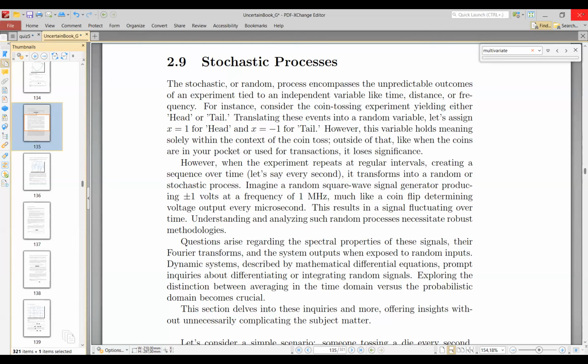Now if you flip the coin in your pocket, or a dice, for example, we say that this experiment of flipping the coin has some uncertainty in its outcome. When you throw the coin, we might have head or tail.